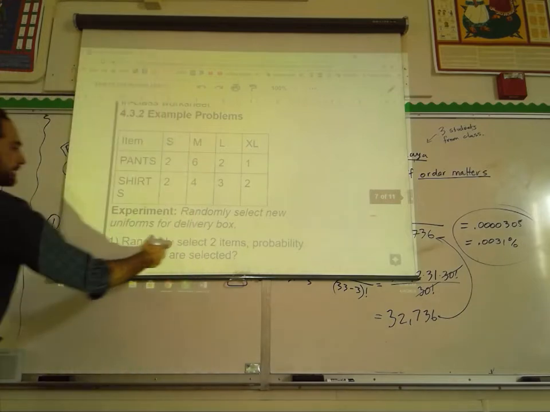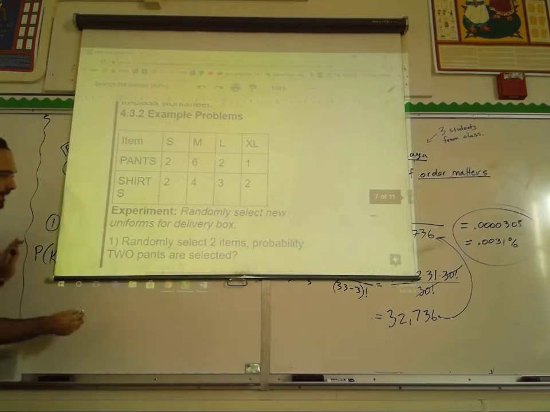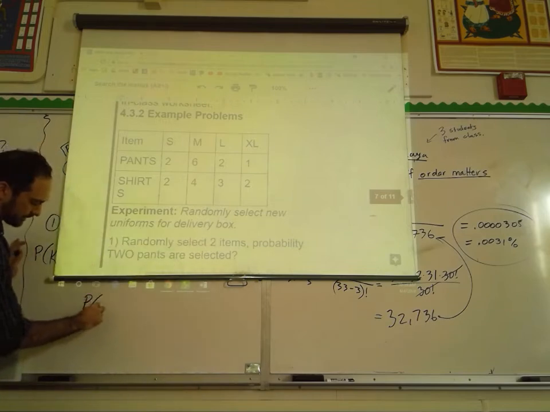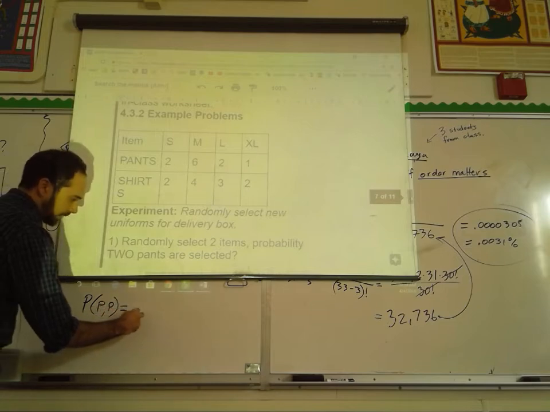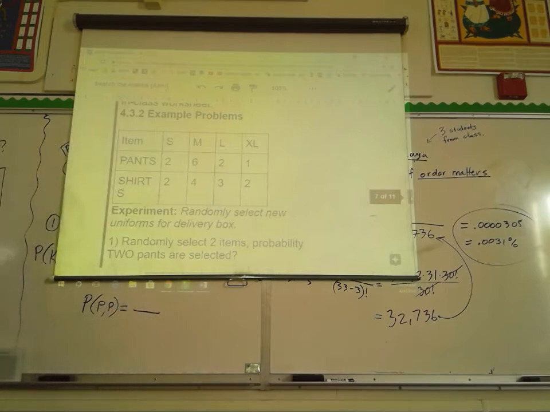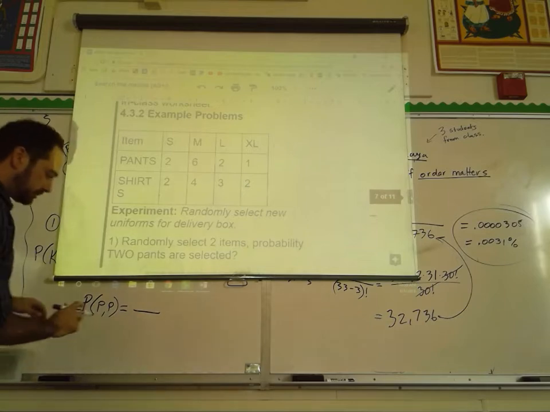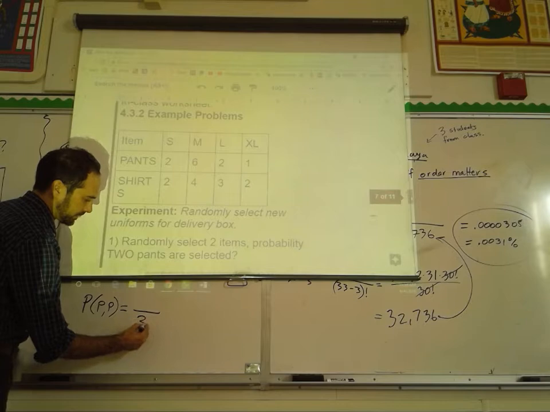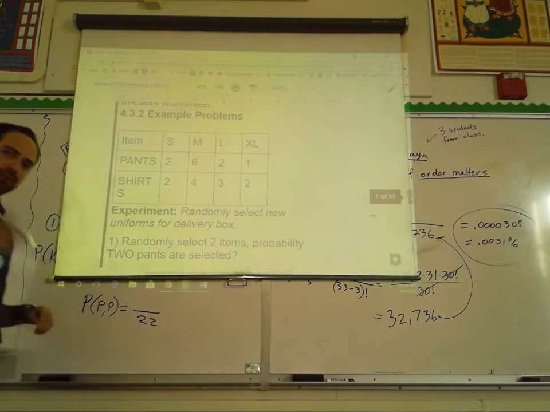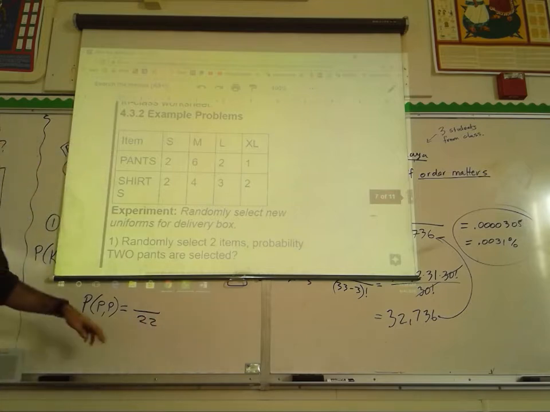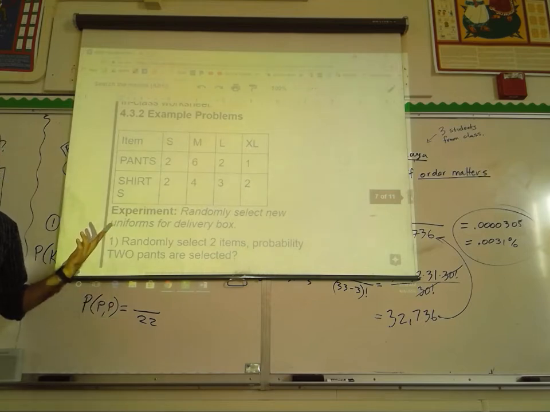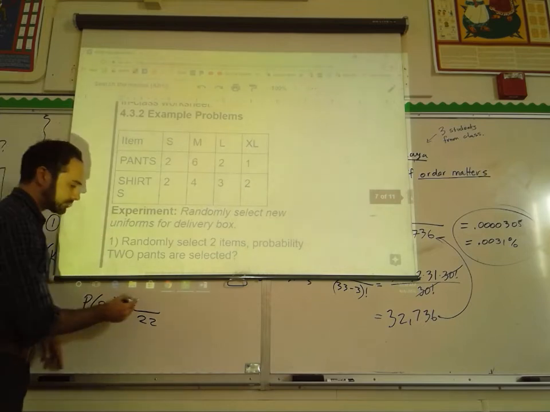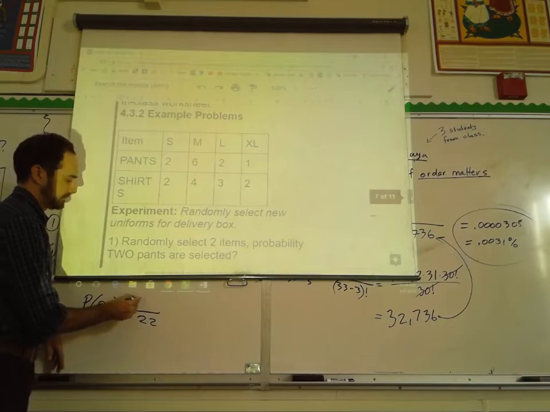The probability of selecting 2 items and getting 2 pants, that's the probability of pants and then some more pants. How many items do we have in the box all together? 22. Good. And then, how many pairs of pants do we have in our set here? 11.